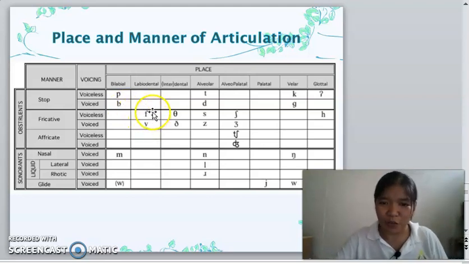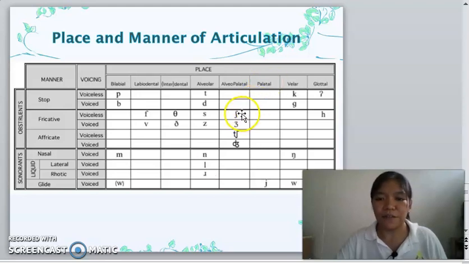And then we also have the sound of F. The symbol is F. The sound of V. So fricative labiodental. The sound of soft TH, thin. And the sound of hard TH, which is then. And then we have T, alveolar. We have D. We have S. We have Z. We have N. We have L. And we have the tap R. And then we have the sound of SH.